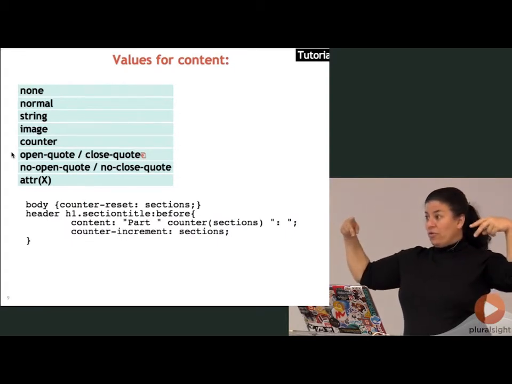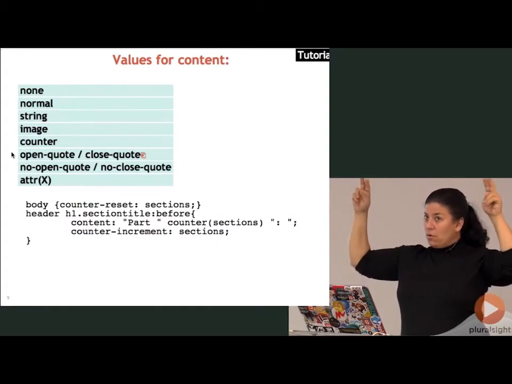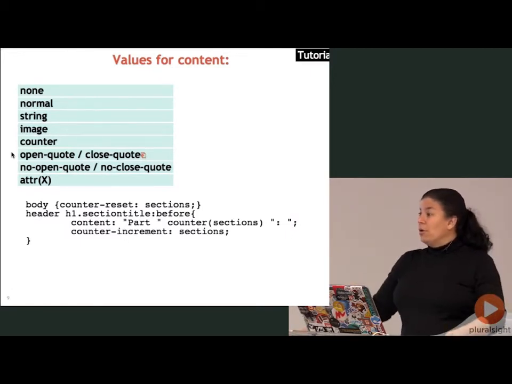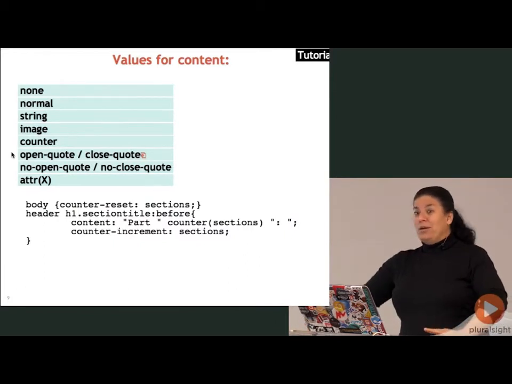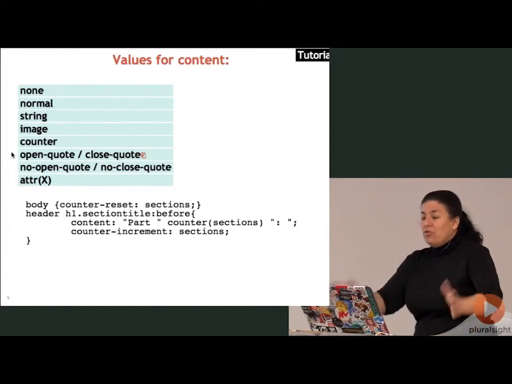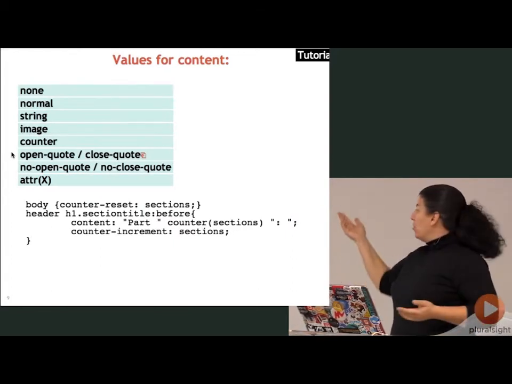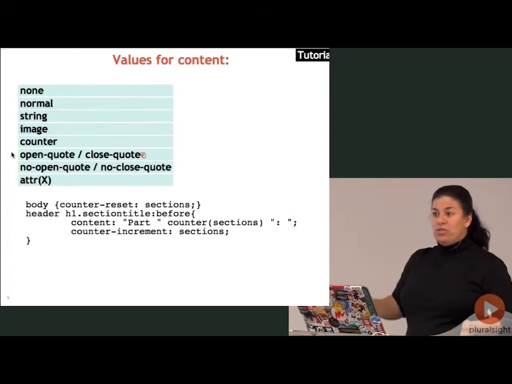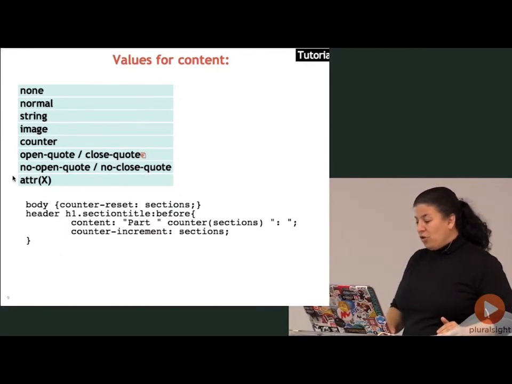In French, when you have quotes, and then if you have a quote inside a quote, I think you have a double left arrow and double right arrow. I'm not sure. I only speak French. I don't actually know how to read it or write it, which is kind of weird. But different languages have different quotations, and so you can actually say exactly what quotes you want to use. And then you can put attribute.